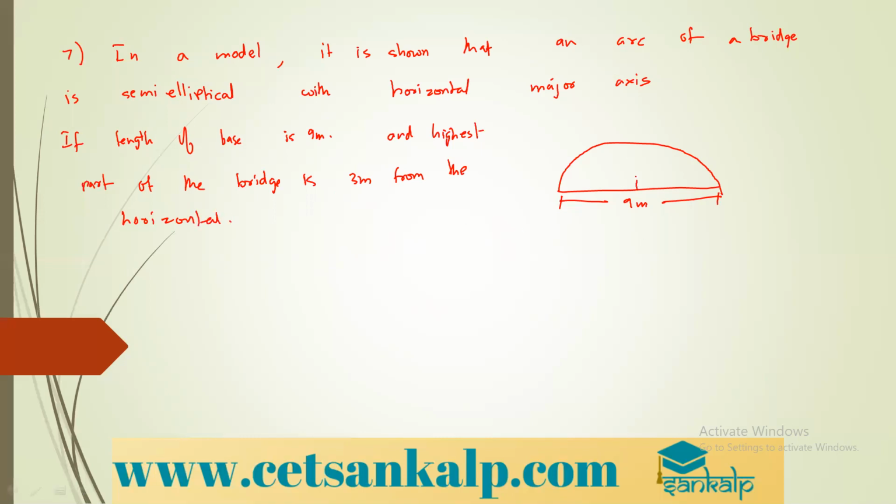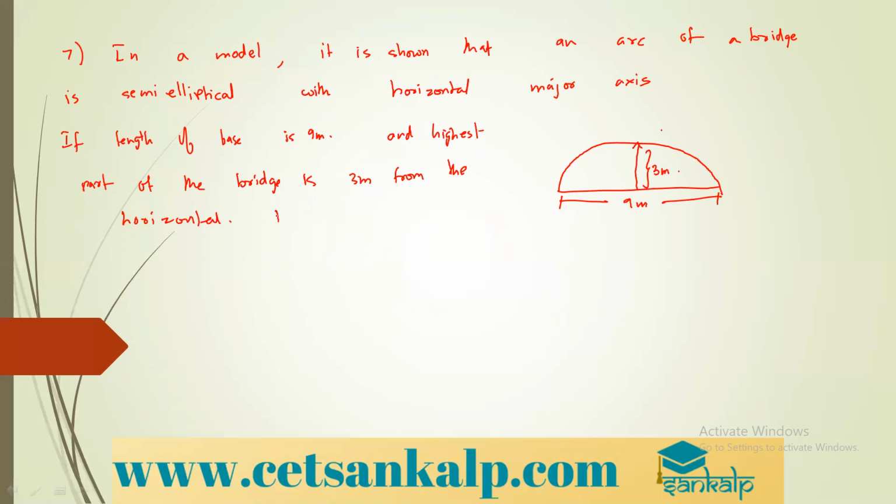So from horizontal, the maximum height of the bridge is 3 meters. Let me write it here. This is the maximum height of the bridge. This is 3 meters. It is given.